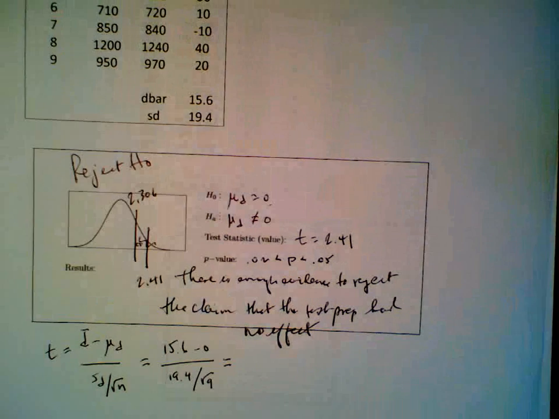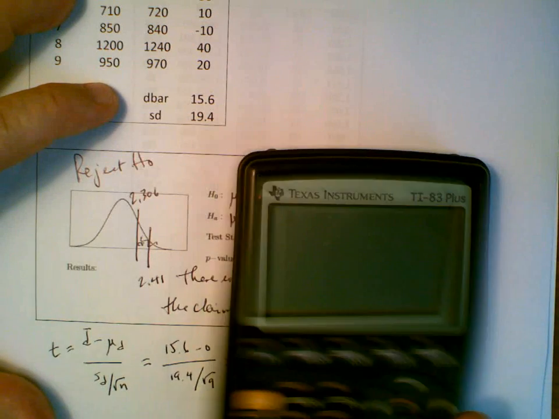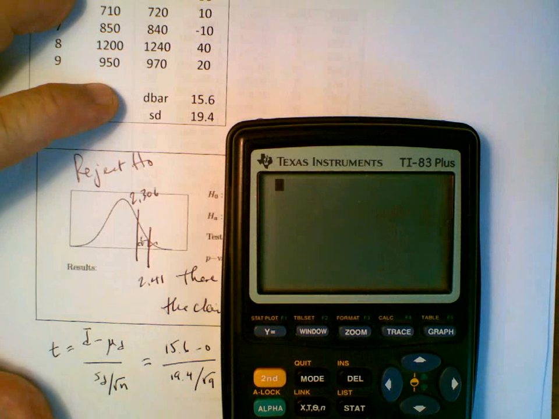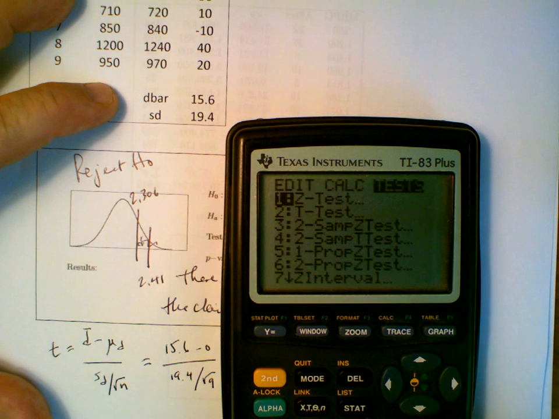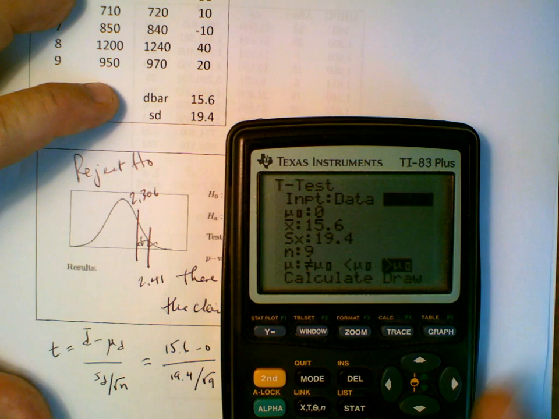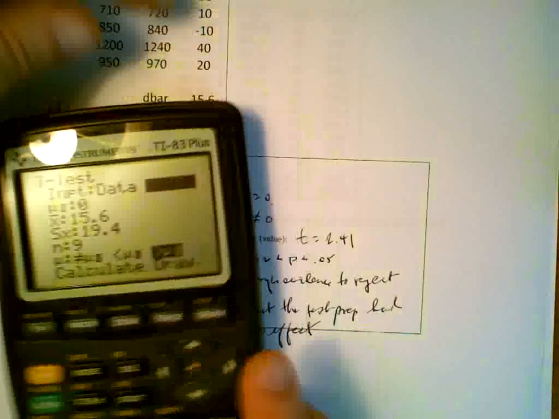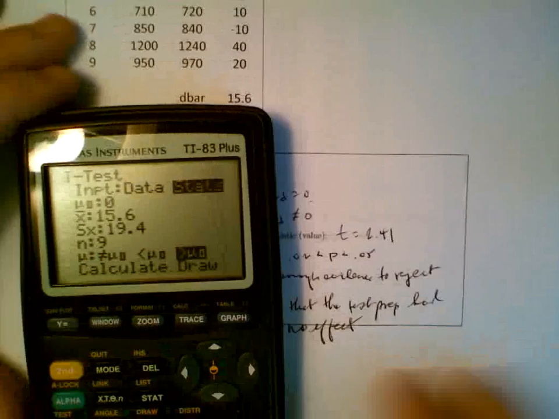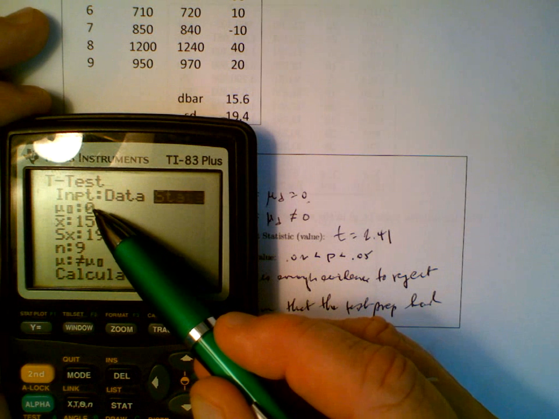And as always, the proof of the pudding is in the calculator verification. So let's do the calculator. Okay. As I told you, this is just a one sample t-test. Stat, tests, 2, one sample t-test. Okay, mu naught is 0.